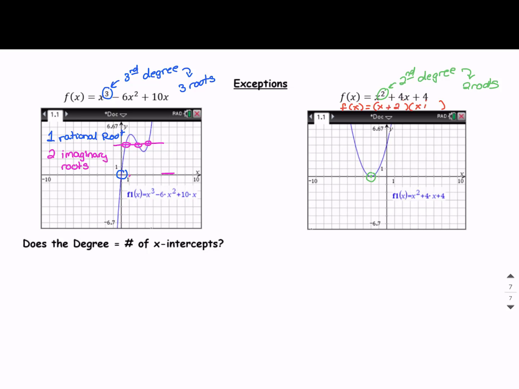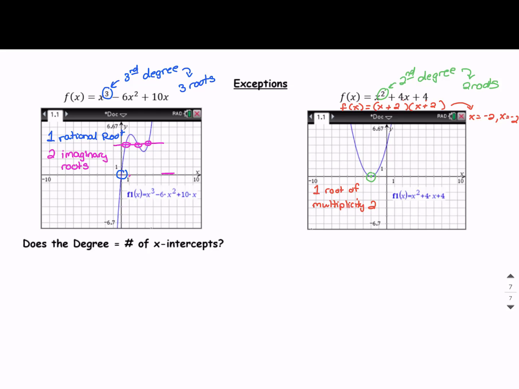That's positive 2 and positive 2. What do you notice? Those factors are the same, right? We're going to get the root x equals negative 2 and the root x equals negative 2. We're getting the same root twice. That's when we say we have one root of multiplicity 2, meaning we're getting the same answer twice.